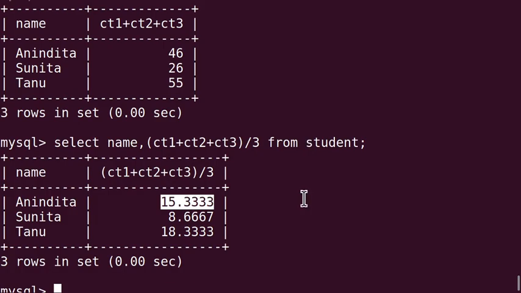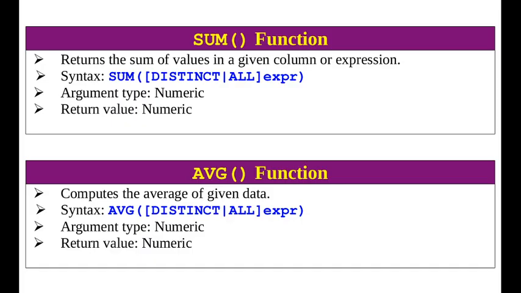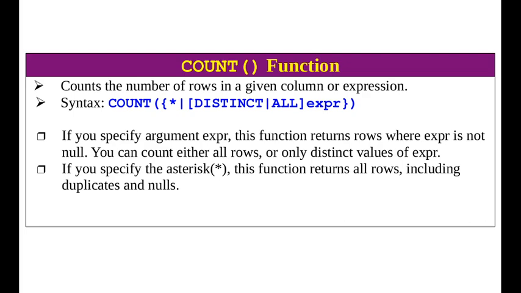Let's go back to our presentation. Next function, that is count function. It counts the number of rows in a given column or expression. Its syntax: count within bracket, star or distinct or all expression.